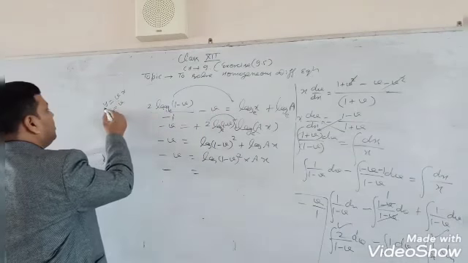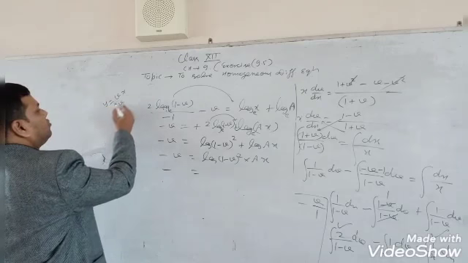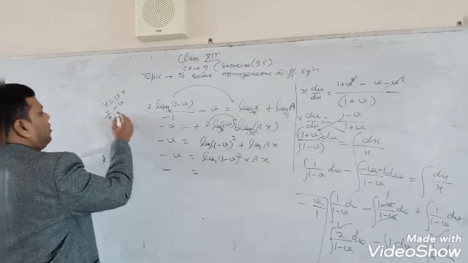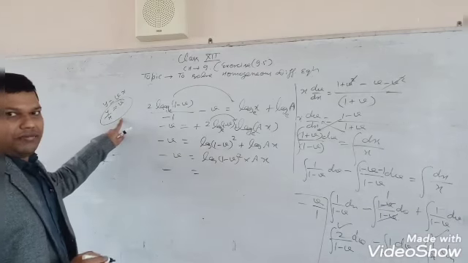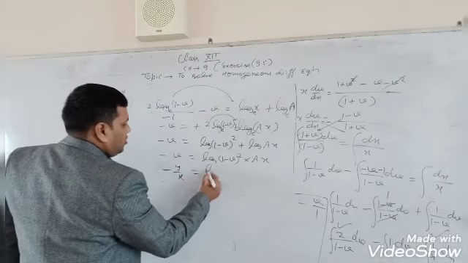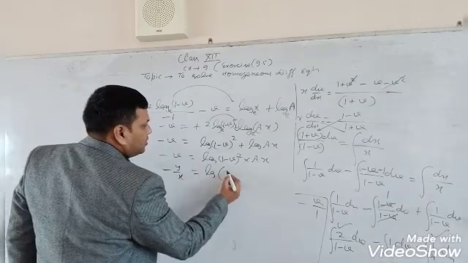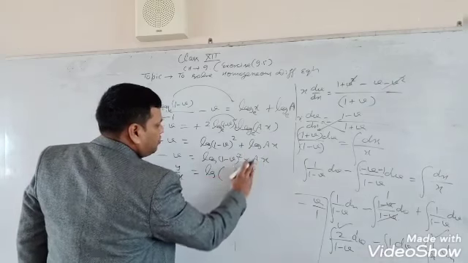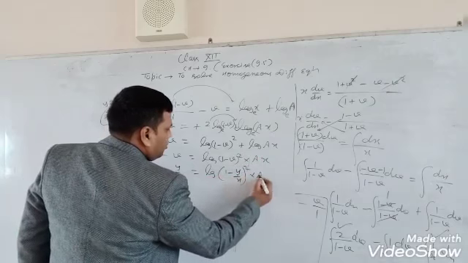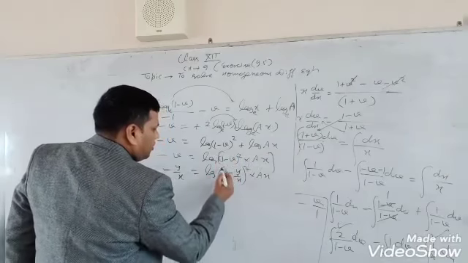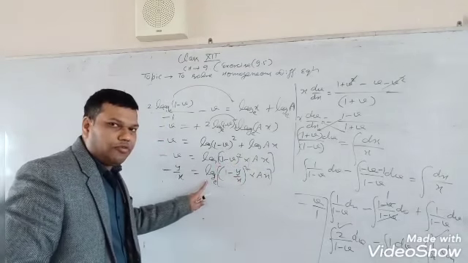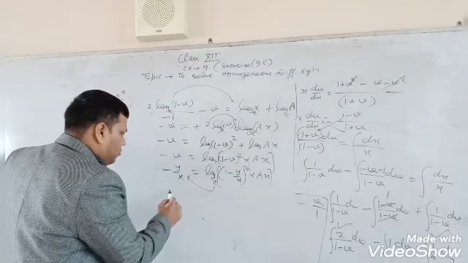Minus y is equal to... y is equal to vx. So what is to put there? v is equal to y upon x. Again you can see there we have taken that one. So that is y upon x, log (1 minus y upon x) whole square into ax, right, now in product form. If you remove this log from here, it will be removed like that.